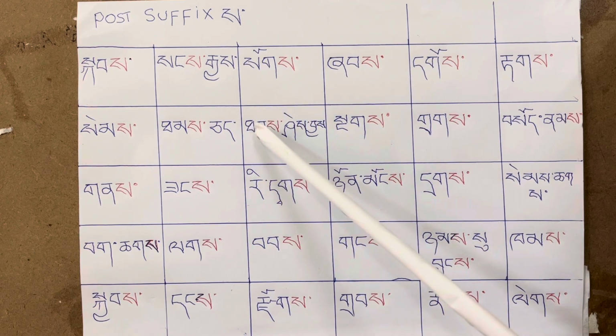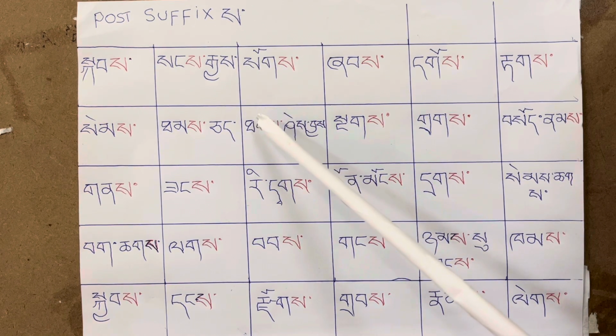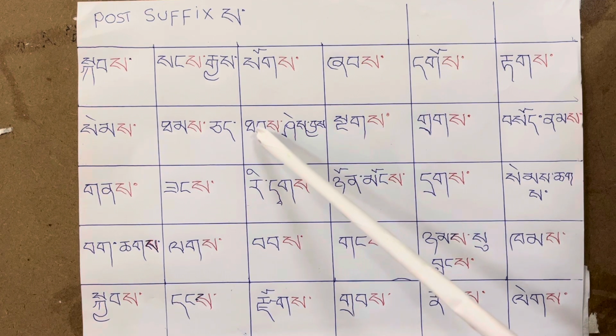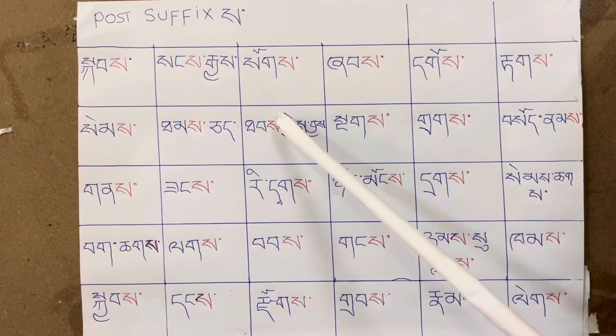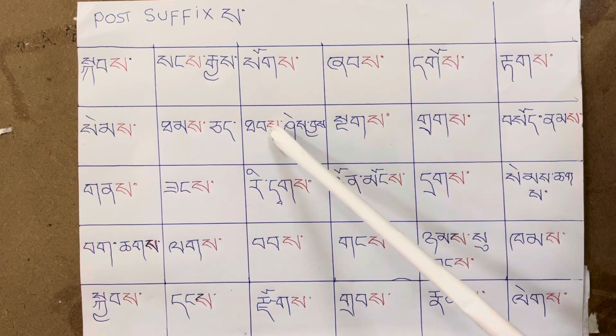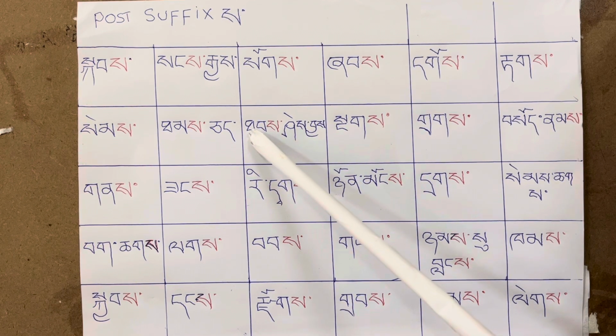And then again we go to the next one. There are 3 letters in between 2 dots. There is no vowel helping us to determine if the sa is post suffix or suffix. Then assuming that this one is suffix, then this should be the root letter and this should be prefix, one of the 5 prefixes, ga, da, ba, ma, ha.